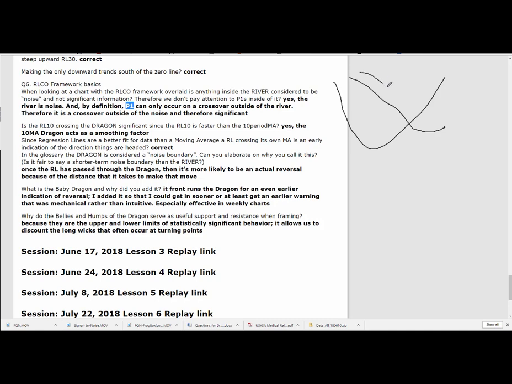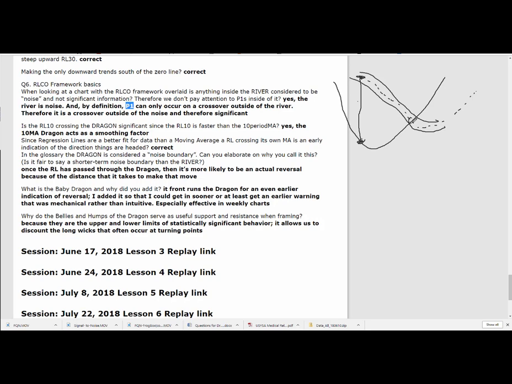The dragon is that 10-period Bollinger Band plus or minus a half, and the middle of that Bollinger Band is a simple 10-period moving average, and will eventually do this. So the difference between the SMA and the least squares moving average, the moving regression line, is that. That's how much more adaptive the regression line is.